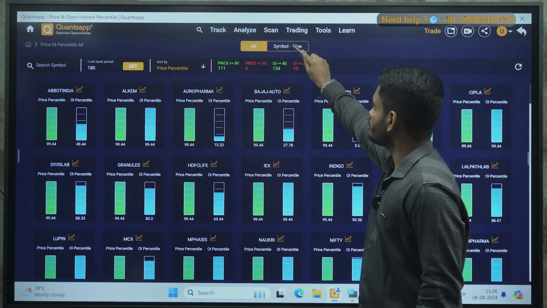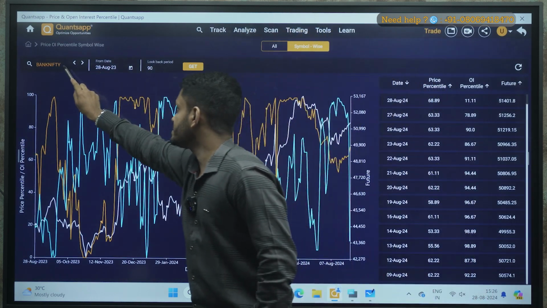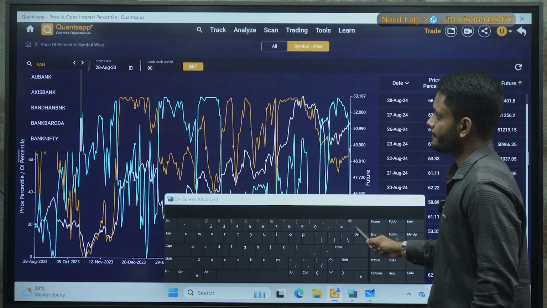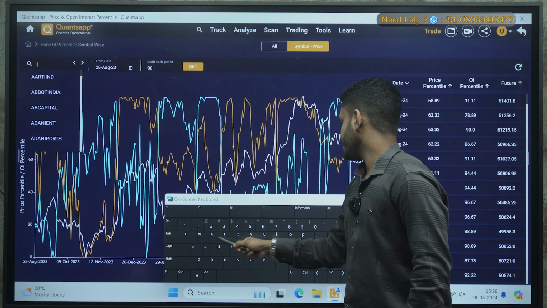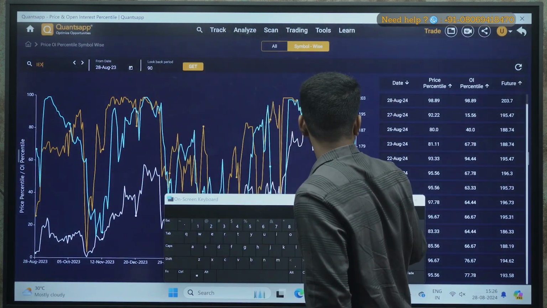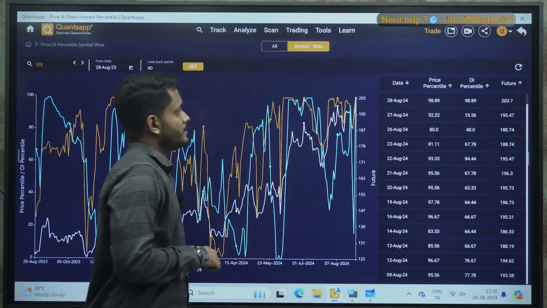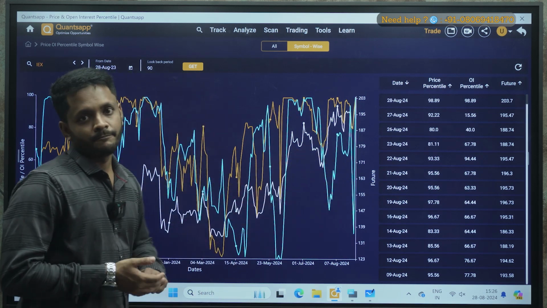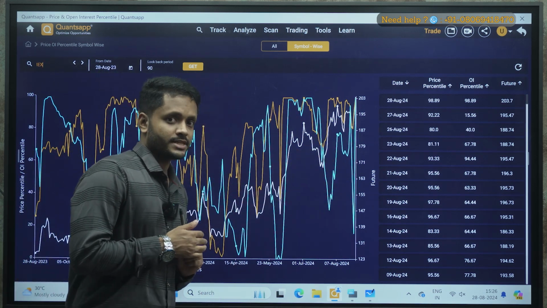Okay, so let me go to symbol wise option and let me search IEX over here. Now if you see, on 28th August, so today is 28th August, correct?